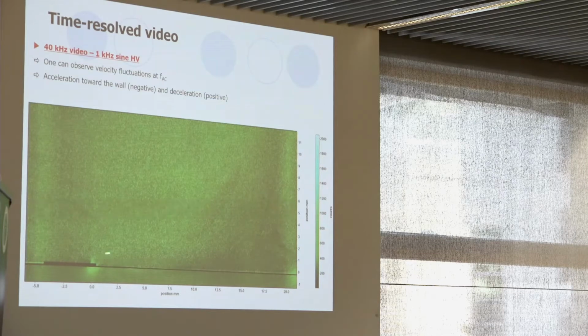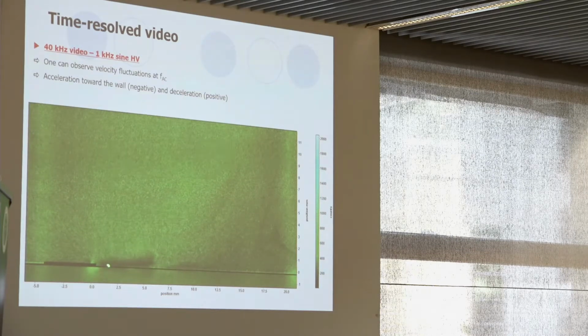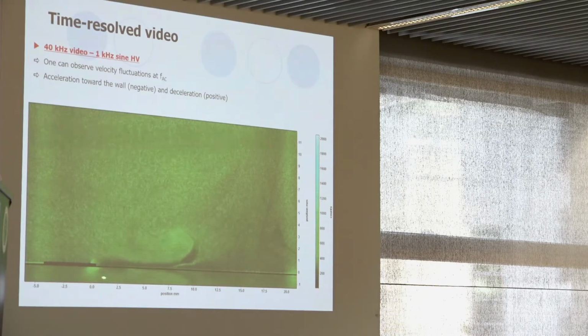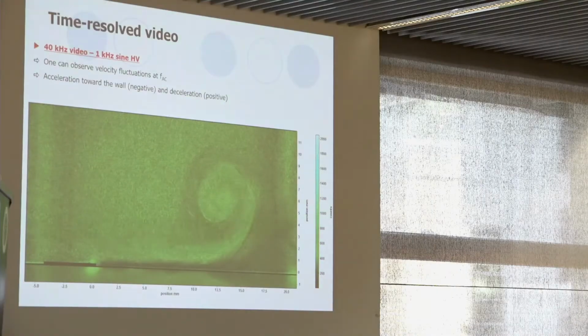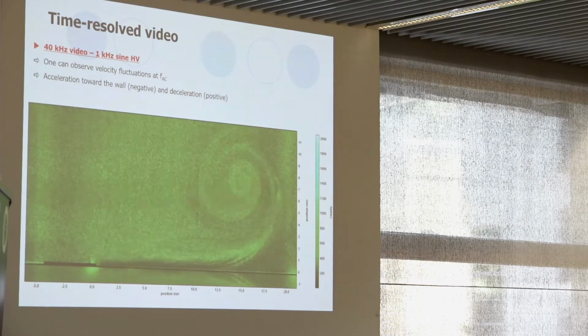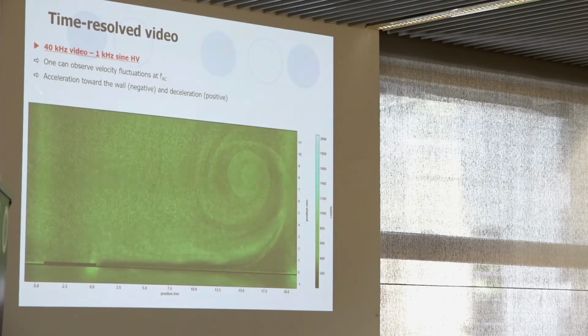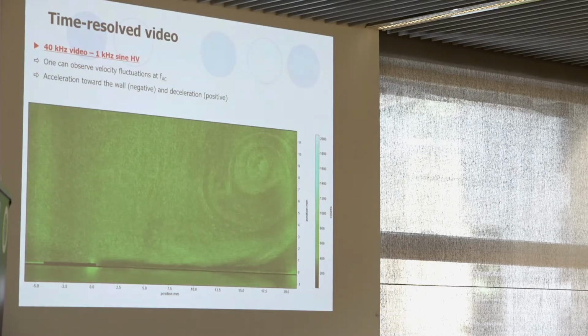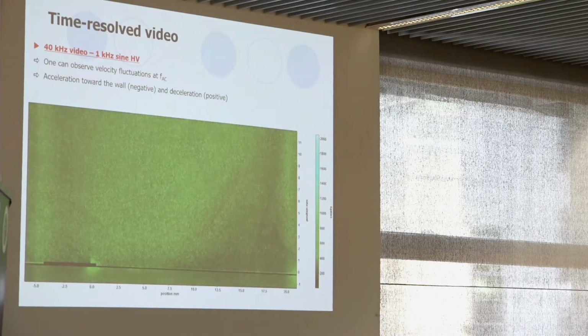So we start, and we can see that, as I said, the produced velocity is not constant. We can see velocity fluctuation at the frequency FAC of the high voltage. We cannot see it on this video, of course, but we have an acceleration towards the wall during the negative voltage, and a deceleration during the positive one.